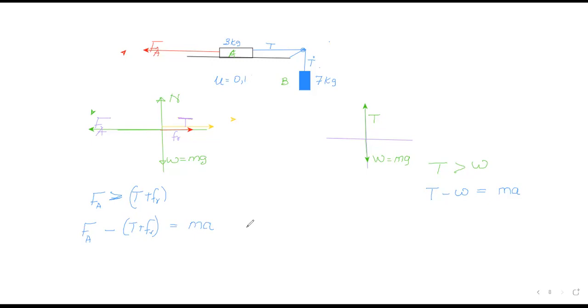Now, things to note is that T is common. Acceleration is common for the system. Therefore, you have equation 1.